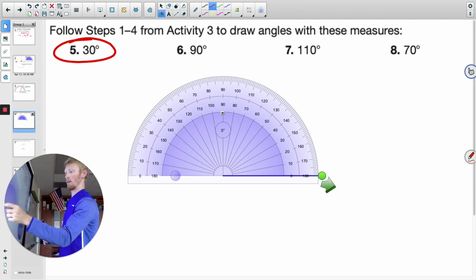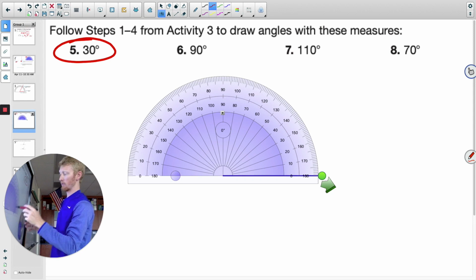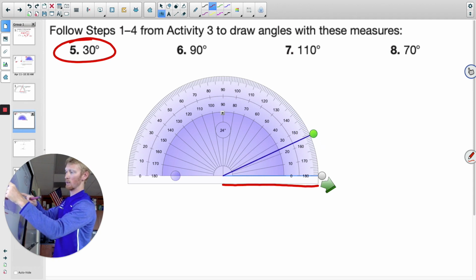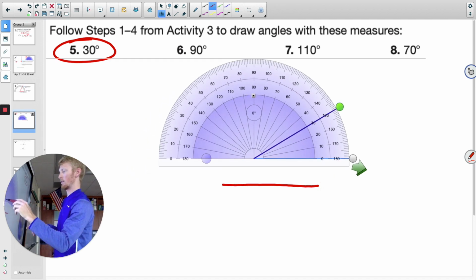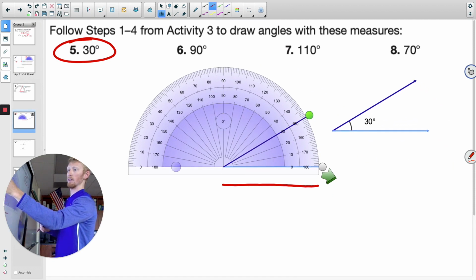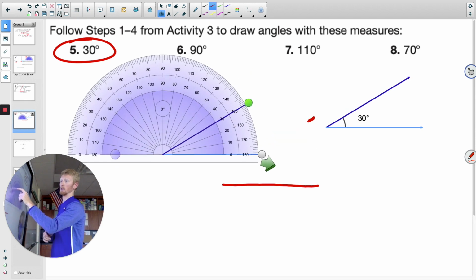So I start with a line there, and if I push the button, I just make a line, but if you were making one yourself, you draw a flat, straight line, and then I just bring this up to where it says 30, right there, and then all I have to do is draw my, boom, there it is, my 30 degrees. I would be taking my pencil and make a little mark here, and then I would connect them.